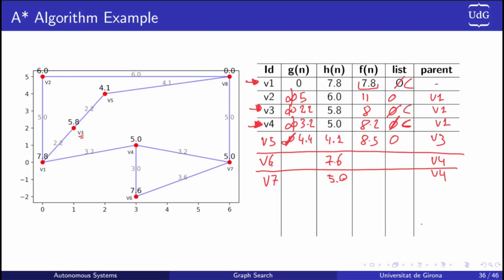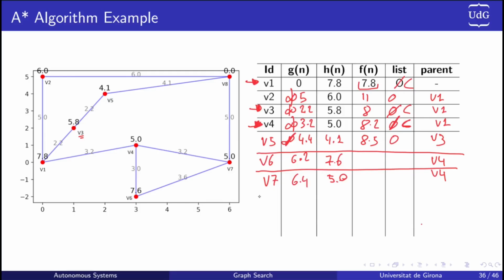Then the cost of reaching B6 from B4 is the cost of reaching B4, that is 3.2, plus 3. 3.2 plus 3 is 6.2, and the cost of reaching B7 is 3.2 plus 3.2, 6.4.